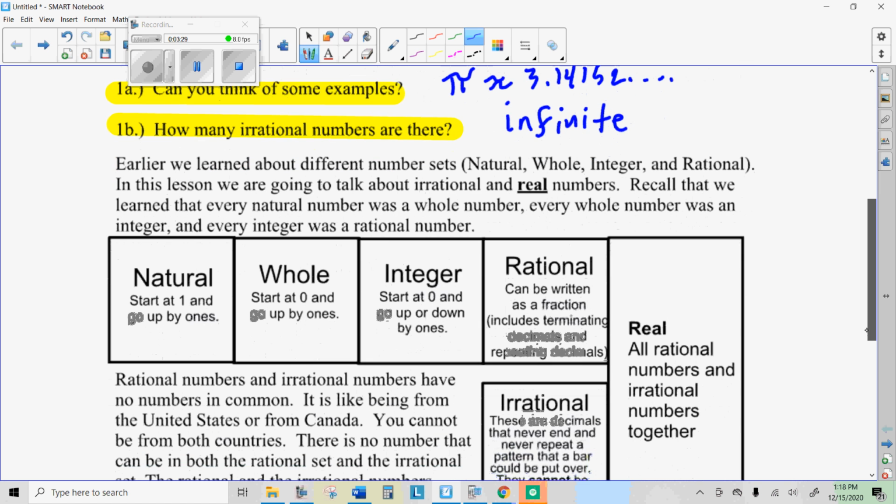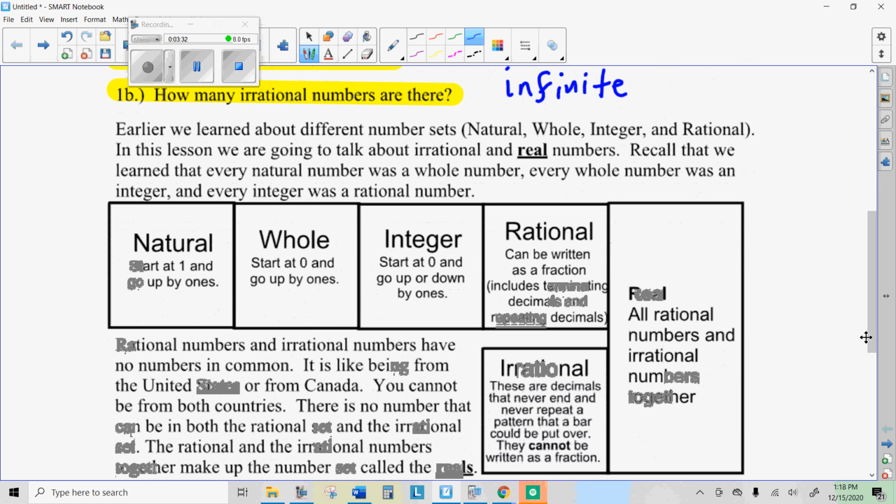Okay, so when we put together all the rational numbers and all the irrational numbers, we end up with a set of what we call real numbers.